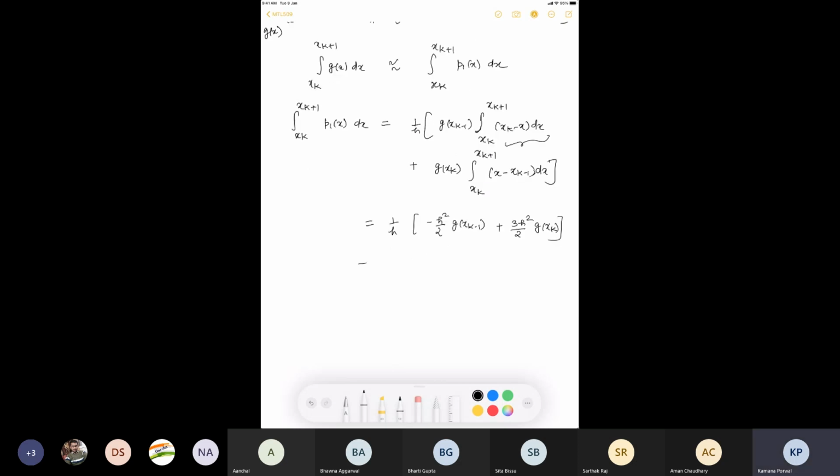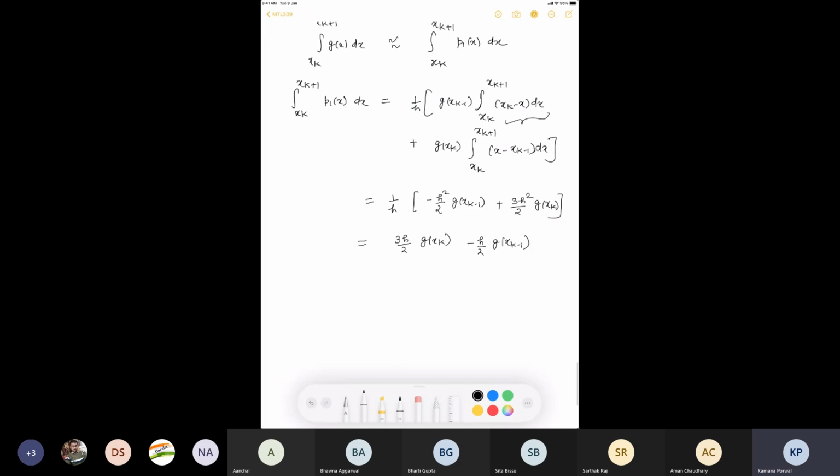So upon simplification, this is 3h by 2 g at xk minus h by 2 g at xk-1. So this is the integral of xk to xk+1 of p1(x) dx.